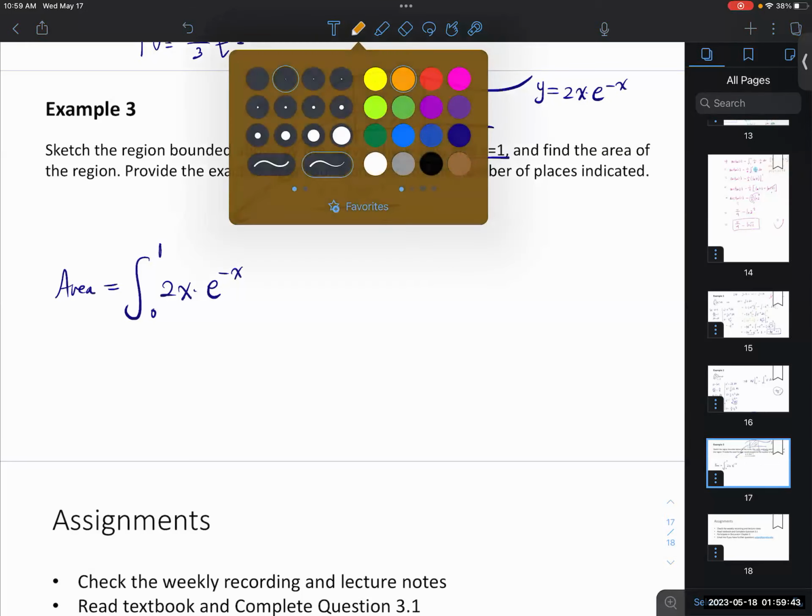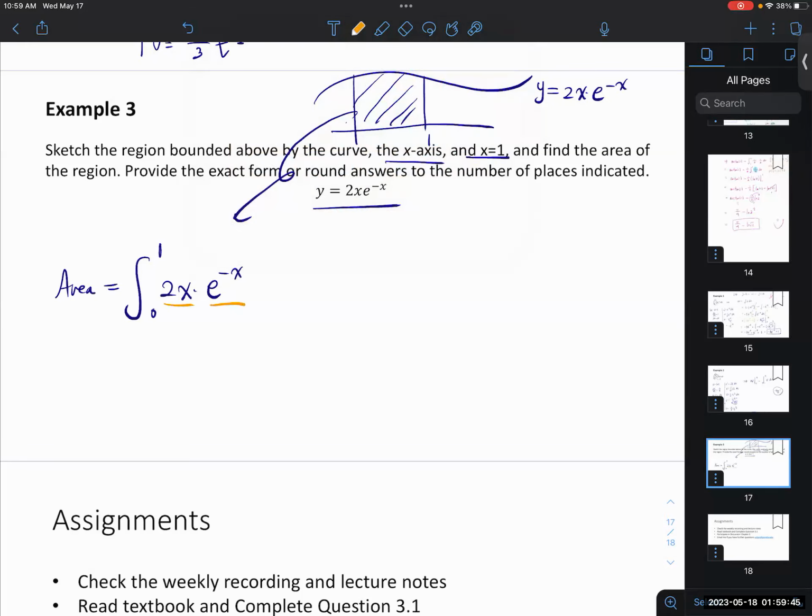Again, you have two functions, and then x has the priority. So you're going to say let u equal to 2x. du over dx is 2. So du equals 2 times dx. And you have a dx, right?